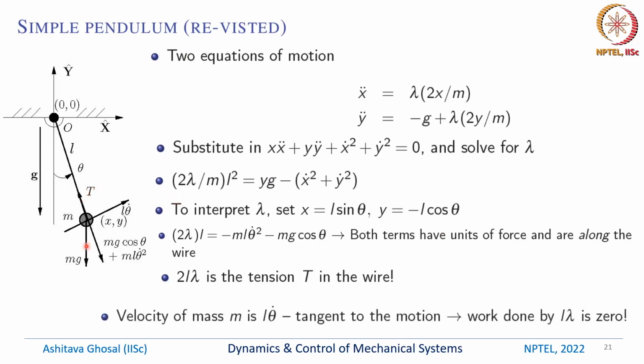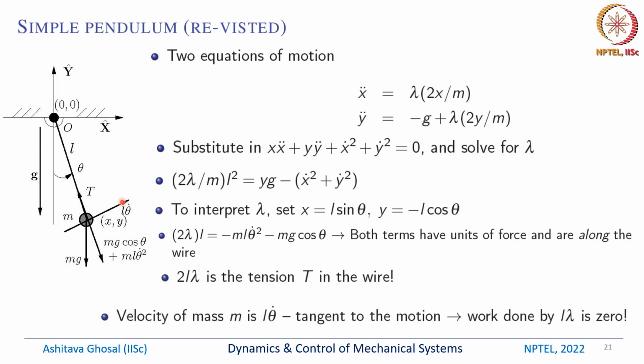So the velocity of the mass is in this direction, L theta dot. It is tangent to the motion, and hence the work done by this constraint tension in the wire is also zero, because these two are always perpendicular to each other. Again, everything is consistent with whatever I showed you mathematically earlier.